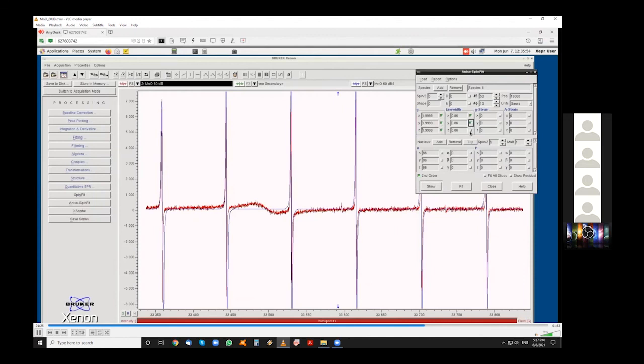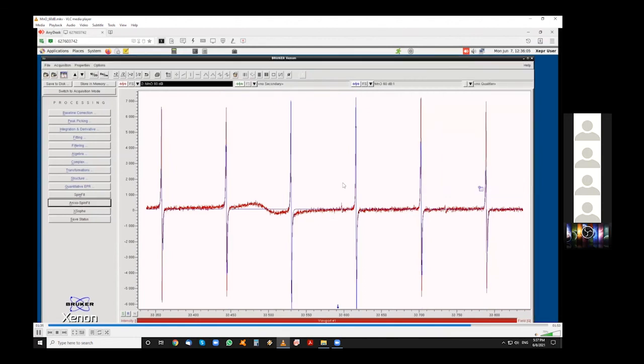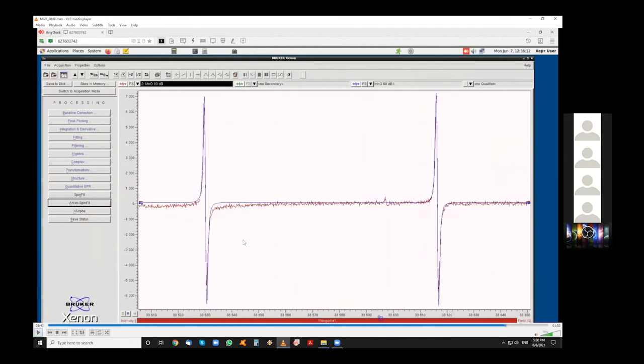And we will try to optimize all our parameters at once. And in the end, we have an almost good simulation. For this simple program, it's a very good simulation.